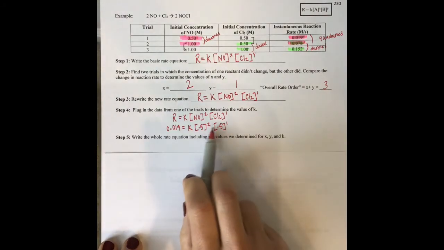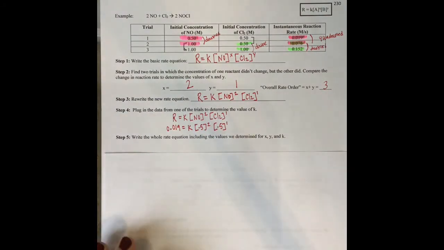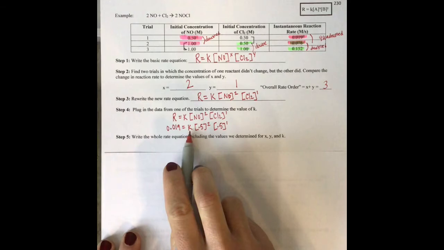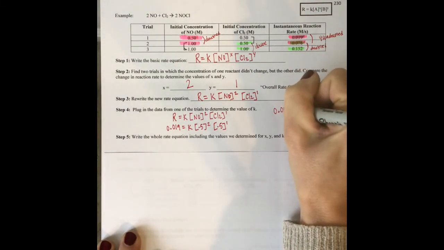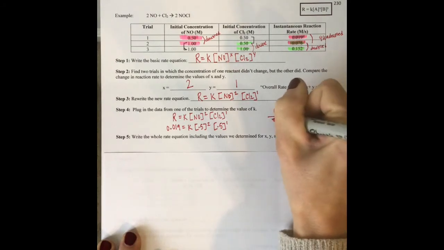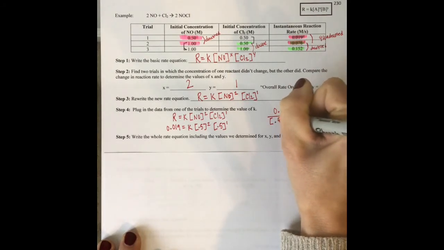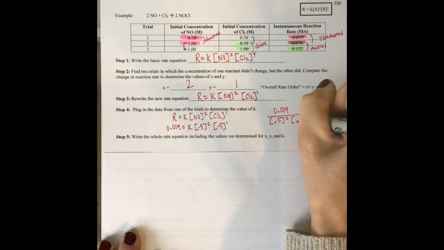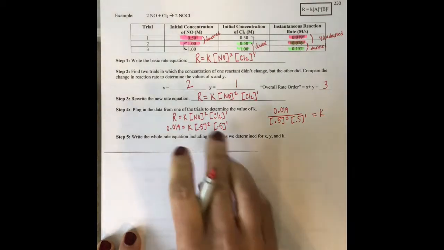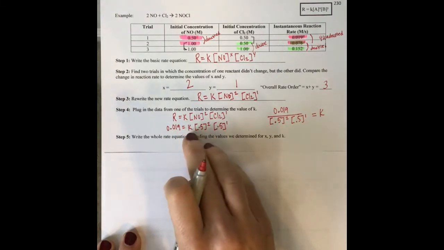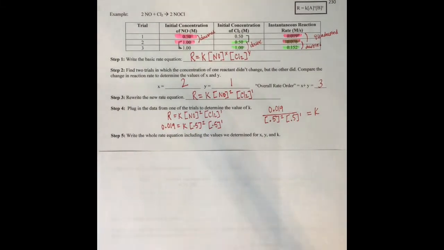And remember, your X and your Y are as you figured them out. So you need to solve for K here. So we're really saying 0.019 divided by 0.5 squared times 0.5 to the first. That's going to equal K. I move these things to the denominator to get K by itself.